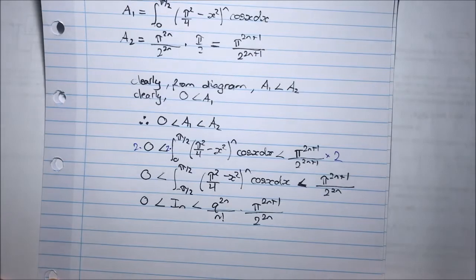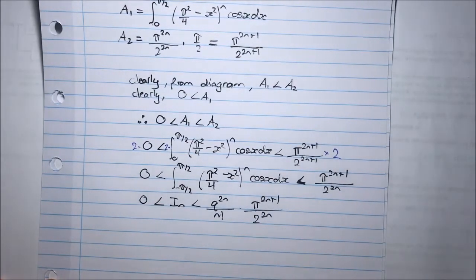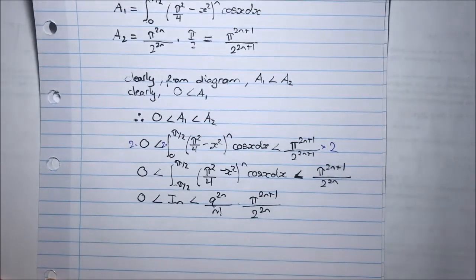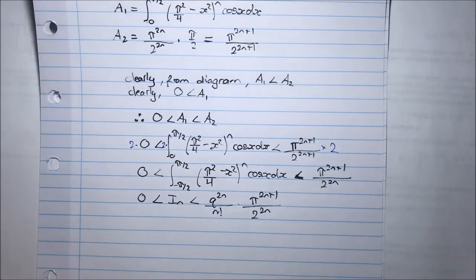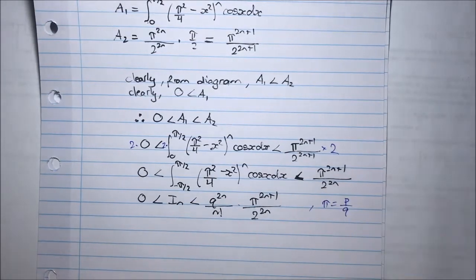Okay. And now I'm going to use that expression for pi where we assumed that it was of the form p over q. Right? So I'm going to say that here we're just going to remember that pi is written as p on q, because that's what we've assumed in the very beginning of our question.